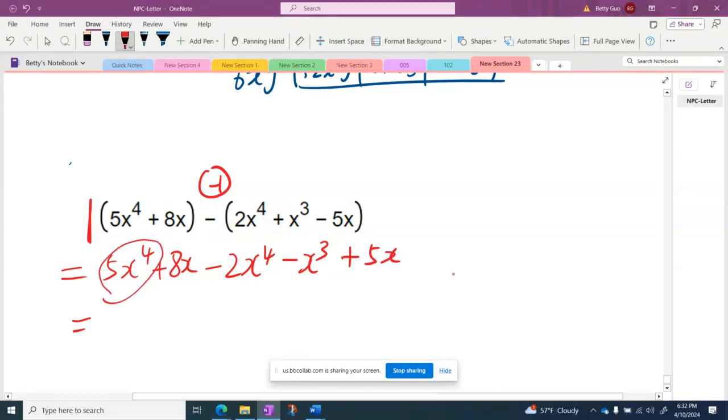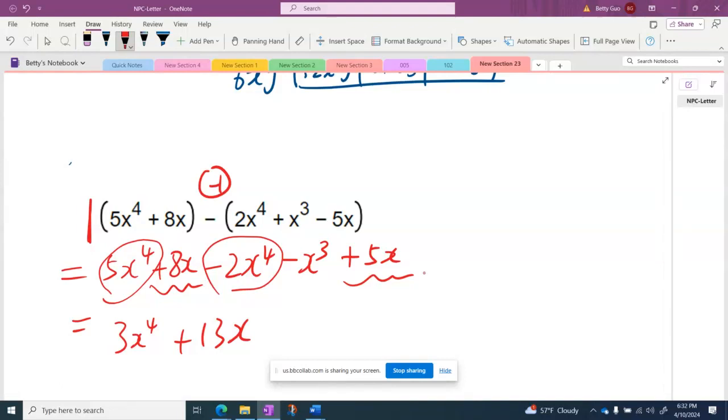We can combine those two, and we can combine those two. 5x^4 minus 2x^4 gives us 5 minus 2 is 3, 3x^4. 8x plus 5x, 13x. 3x^4, 13x.